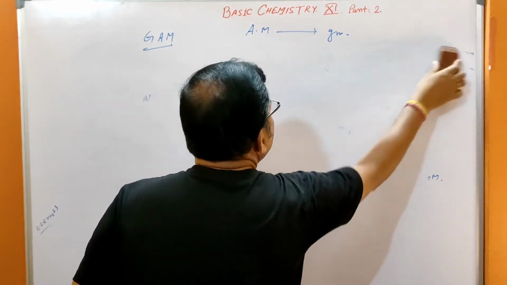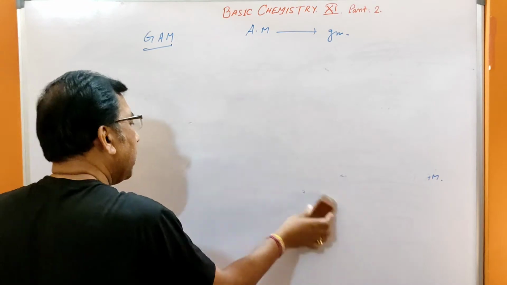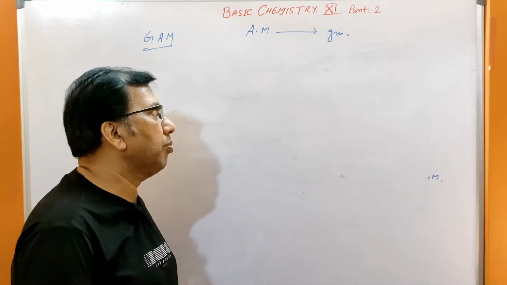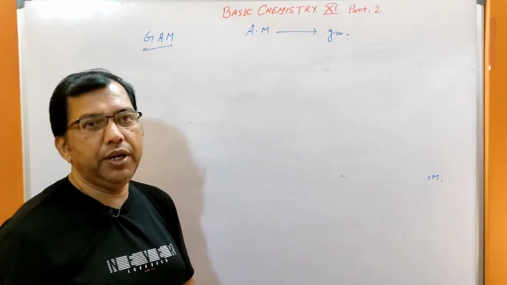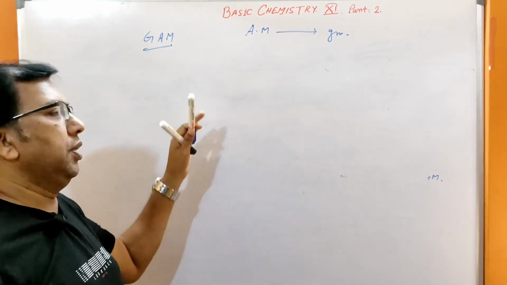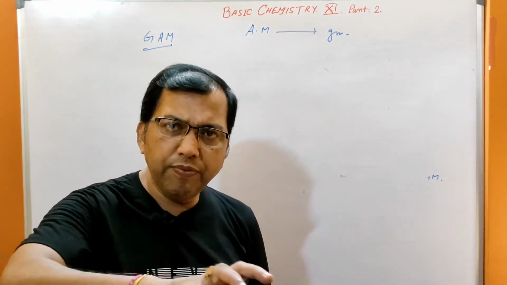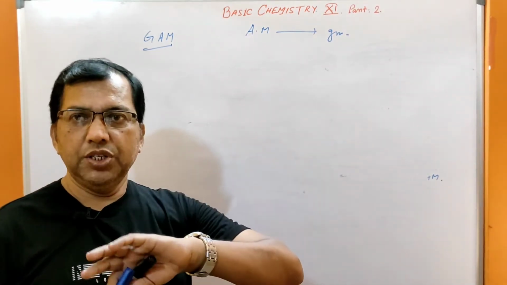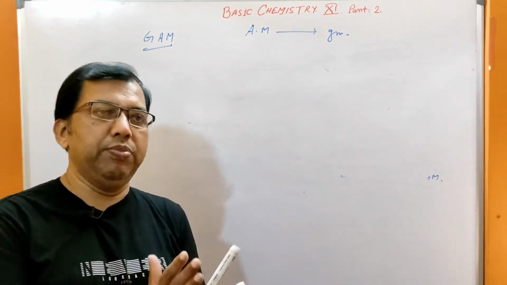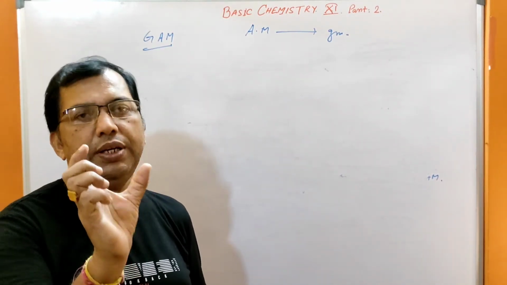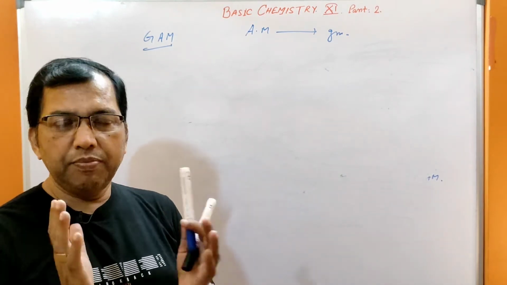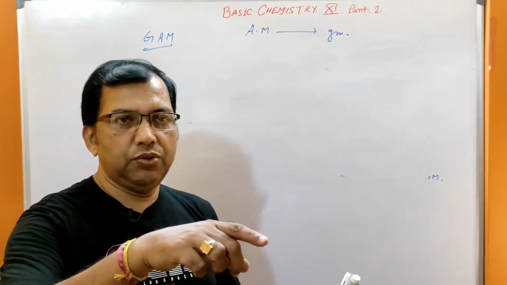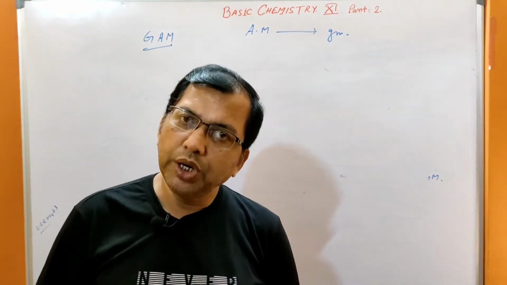Molecular mass, mass of molecule. मॉलिक्यूल में कंपाउंड का एलिमेंट जो है atom होगा, atomic mass होगा. मॉलिक्यूल का जो mass है वो molecular mass, और उसको ग्राम में कन्वर्ट करो, वो होगा gram molecular mass. That means what is molecular mass? Sum of atomic masses of all the elements present in a molecule is known as molecular mass, and when it is expressed in gram, it is known as gram molecular mass.